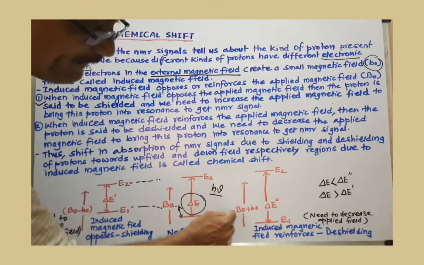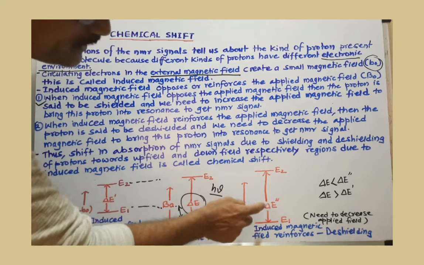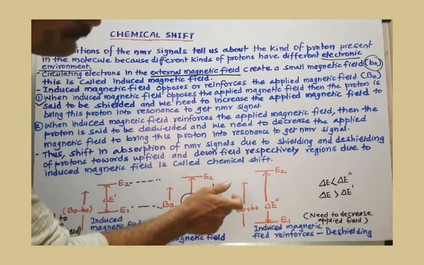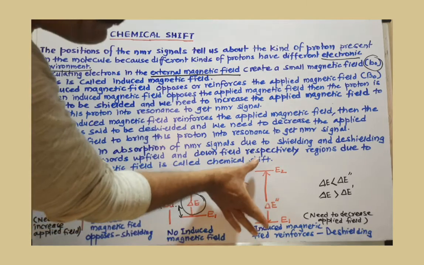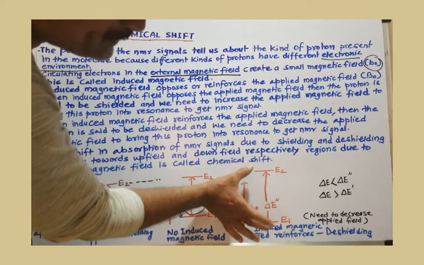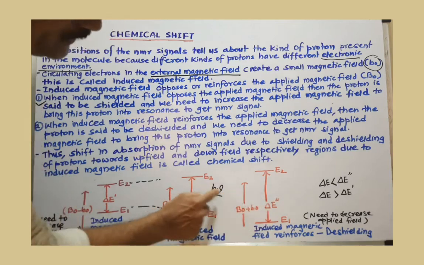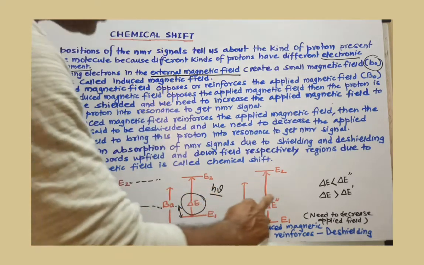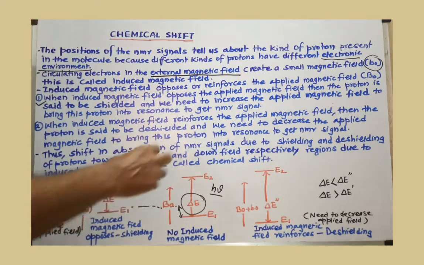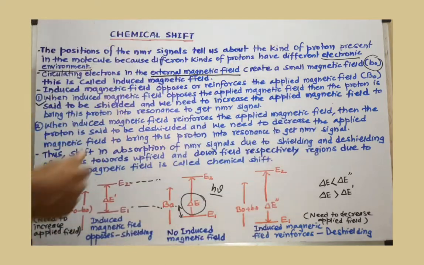It is added to the value. Added means the magnetic field experienced by the proton is more. More means this gap is more. If this gap is more, h nu and this gap are not matching. And if it is not matching, there is no resonance. If there is no resonance, there is no NMR signal.